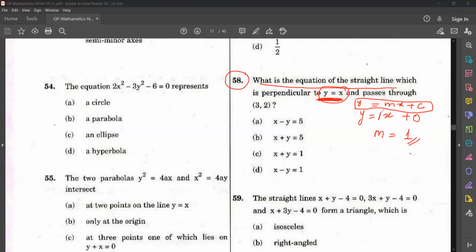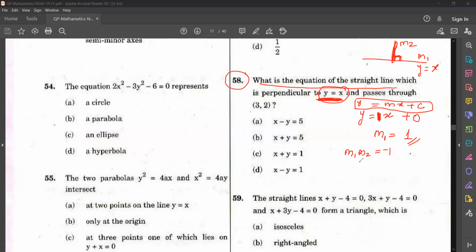So 1 is the slope. Now we have to find the equation of a straight line which is perpendicular to this line. If two lines are perpendicular, with slopes m1 and m2, the relation between their slopes is m1 m2 equal to -1.